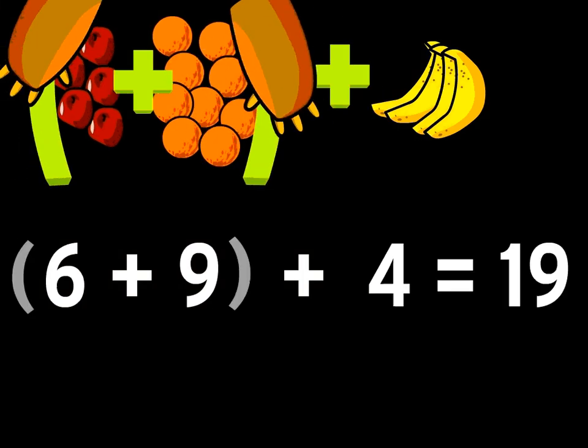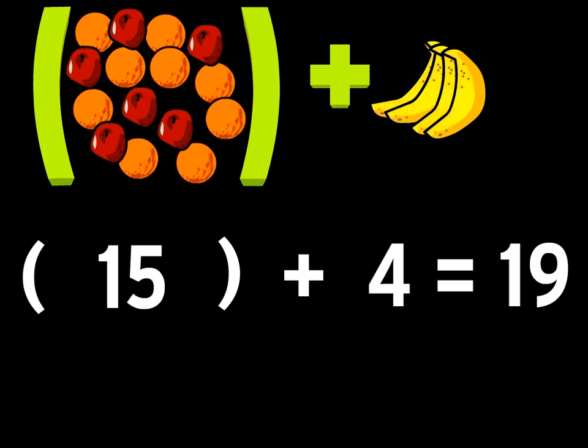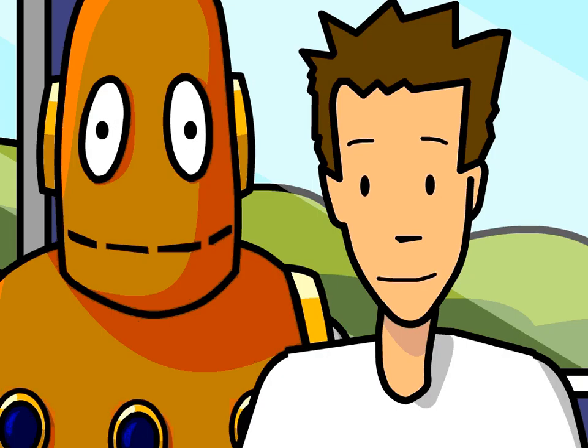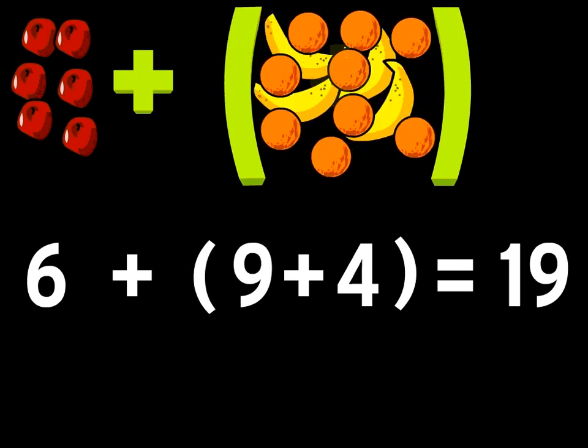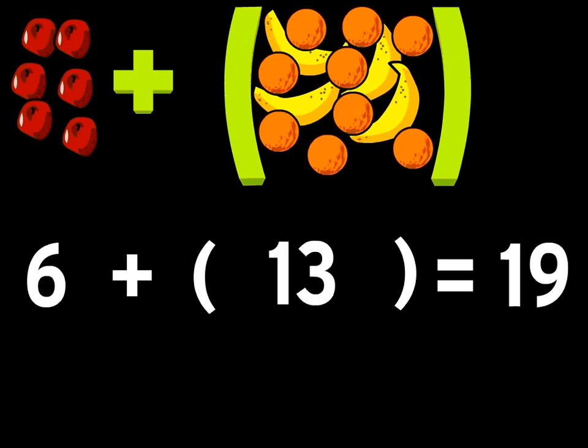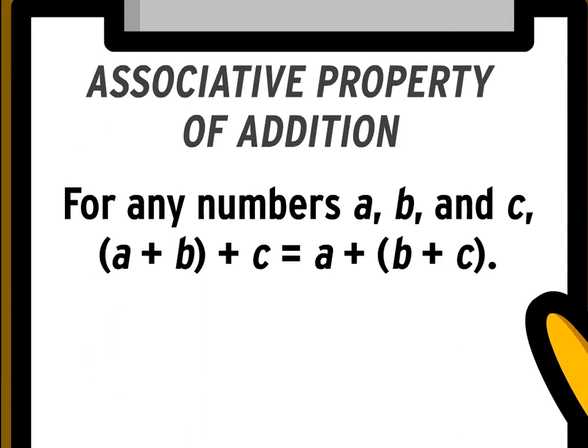Using parentheses like this groups the apples and oranges together. It's a rule that we always do what's in the parentheses first. So 6 plus 9 equals 15 plus 4 equals 19. Even if we move the parentheses and change the order of addition, our answer still comes out the same. No matter how we arrange the add-ins, their sum is always 19. This is an example of the associative property of addition. For any numbers a, b, and c, (a plus b) plus c equals a plus (b plus c).